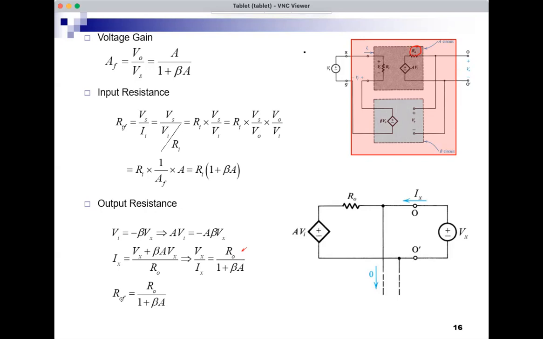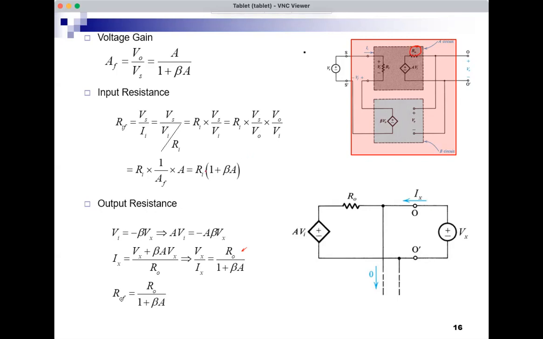So now, is this an improvement or not an improvement? For a voltage amplifier, if I want the best input resistance I can hope for, it would be infinity. Ri ideal for a voltage amplifier is infinite.